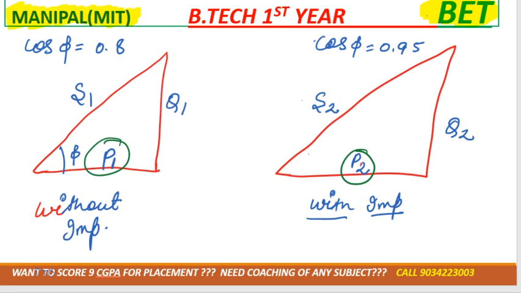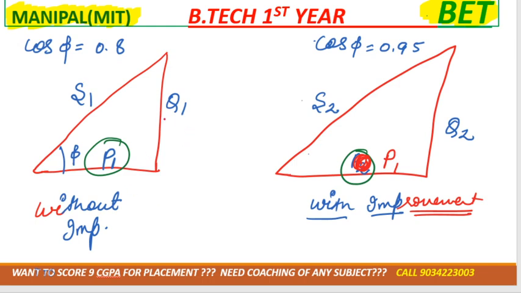So P1, and I am also marking this one because without and with improvement, active power must be the same because there is no change in the resistive load. There is only change in the reactive load. तो उसकी वजह से रिएक्टिव पावर में चेंज आएगा, एक्टिव पावर विल रिमेन सेम. ठीक है, यहां तक कोई डाउट? तो विदाउट एंड विद इम्प्रूवमेंट पावर इज सेम.